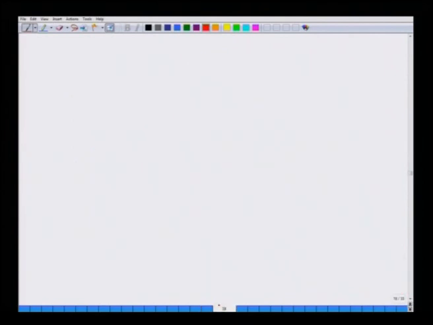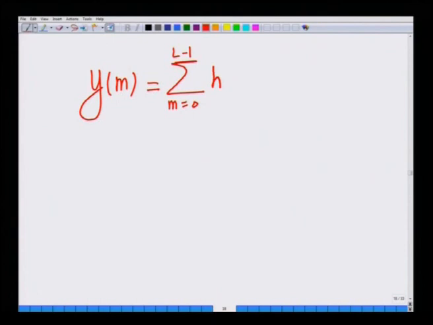The output of the system is y[m] equals the sum over d from 0 to L minus 1, as L minus 1 past symbols are interfering, of h[d] times x[m-d].